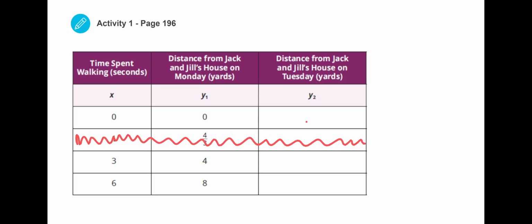But now, because they're starting at Aunt Mary's house on Tuesday, even though they haven't walked anywhere yet, they're already 10 yards away from their house because her house is 10 yards away from their house. Remember that? Now, if they spend 3 seconds walking, they will have gone 4 yards, and their distance will be 14 because they are 4 yards away from Aunt Mary's house plus the 10 yards that put them at their aunt's house.